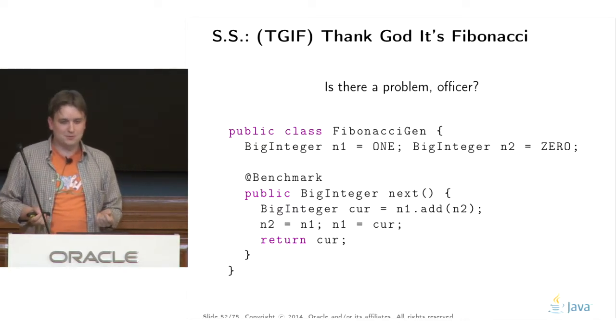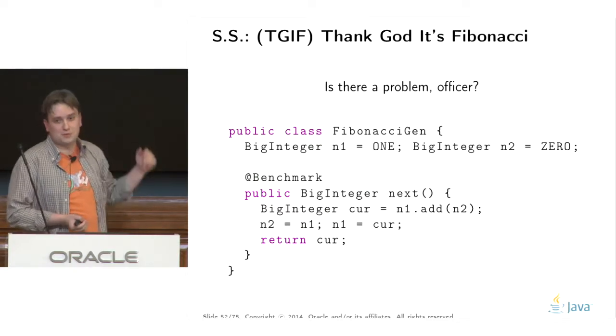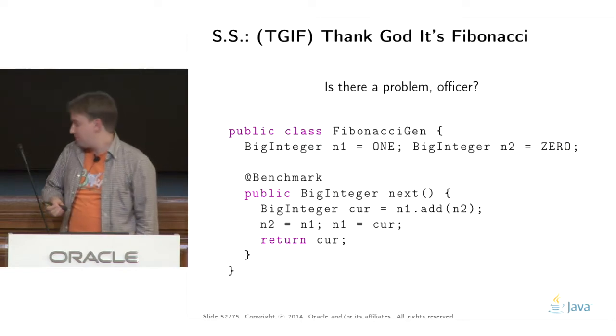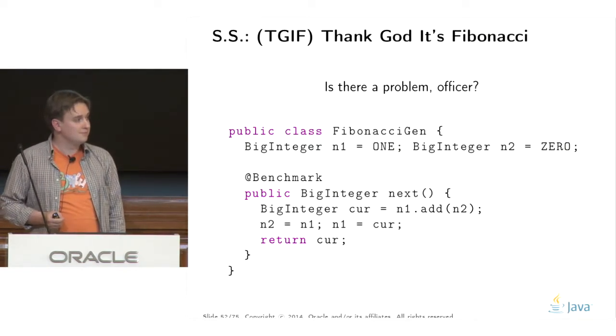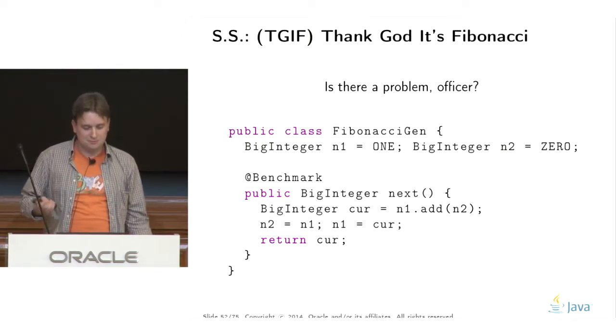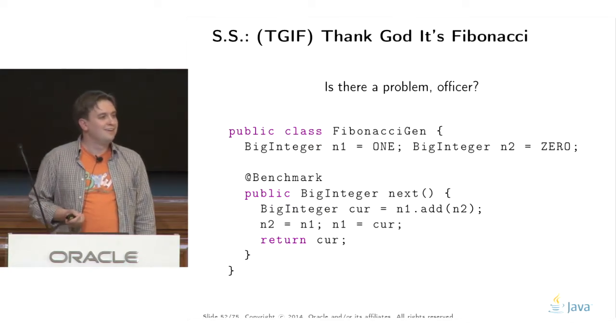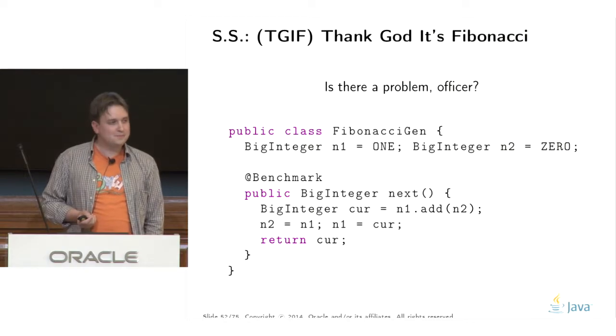Well, it's arguably simple to write, but do I really need to do this? Well, is there a problem with this benchmark? Well, yeah. Garbage is Java's problem, so yeah, well. Anyone?